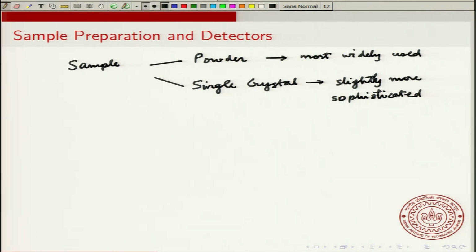Okay. And the last thing is about the detector. The detectors can be either a film or a counter. So, film detectors are the older technology.